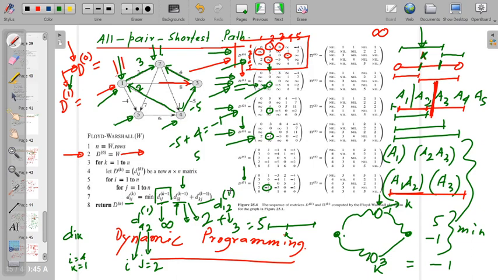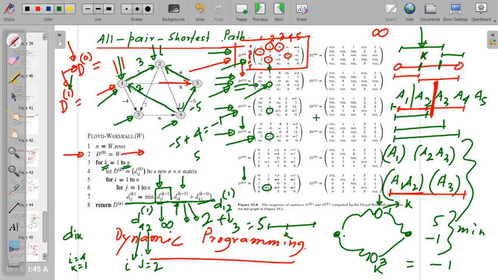Yes, sir. So this is the dynamic programming expression: the minimum of whatever was previously computed and whatever the via path I am computing. And this will be iterated for all such vertices, for k equals 1 to n.